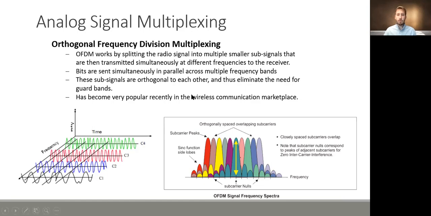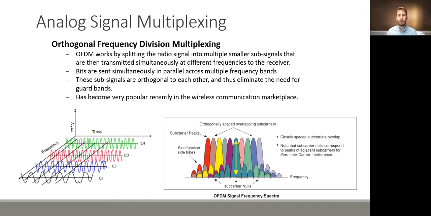So with orthogonal, the idea is to remove those guard bands, to be able to utilize more of the frequency domain. So the way this is done actually is by transmitting your data not at a single frequency, but at multiple frequencies.